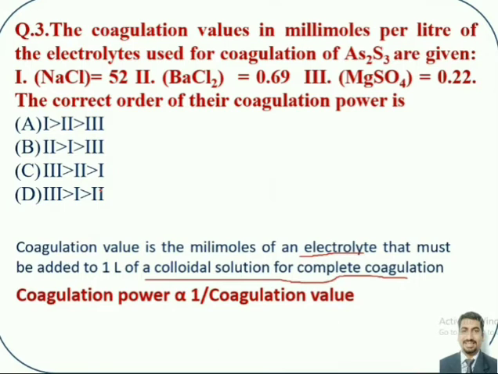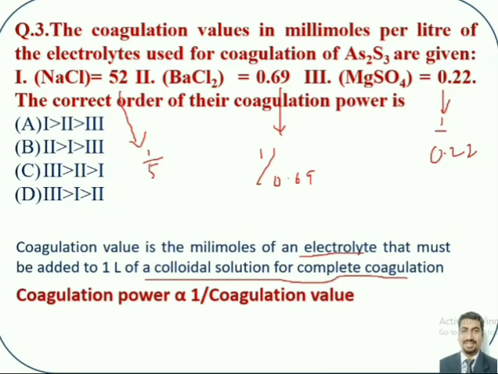Okay, so inversely proportional. Just see now, this becomes 1 by 0.22, this becomes 1 divided by 0.69, and this becomes 1 divided by 52.